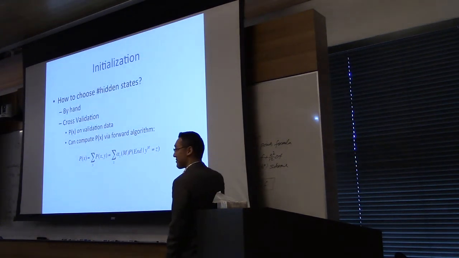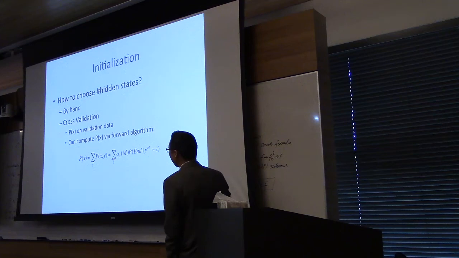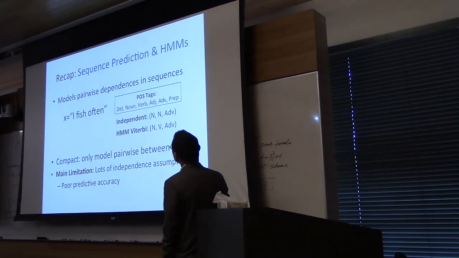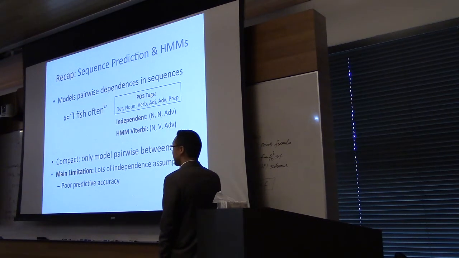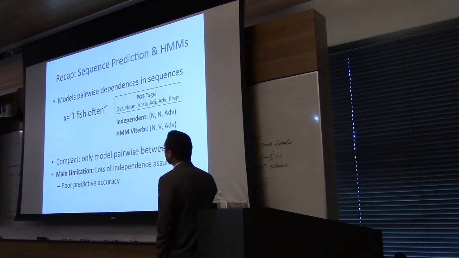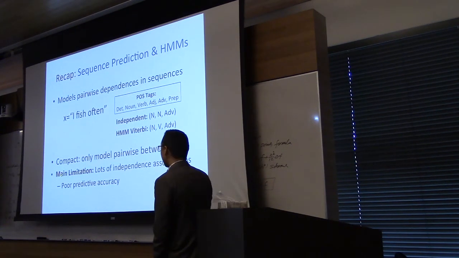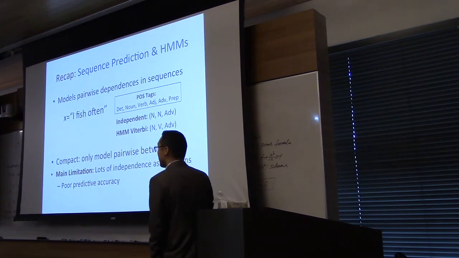You asked the question that in the next slide. Just to recap, today we looked at sequence prediction using hidden Markov model, which is a sequential version of naive Bayes. It models pairwise dependency, so adjacent pairs of predictions at a time directly in the model. It's compact because it only models pairwise dependencies, right? So it doesn't have this exponential growth in the number of parameters.